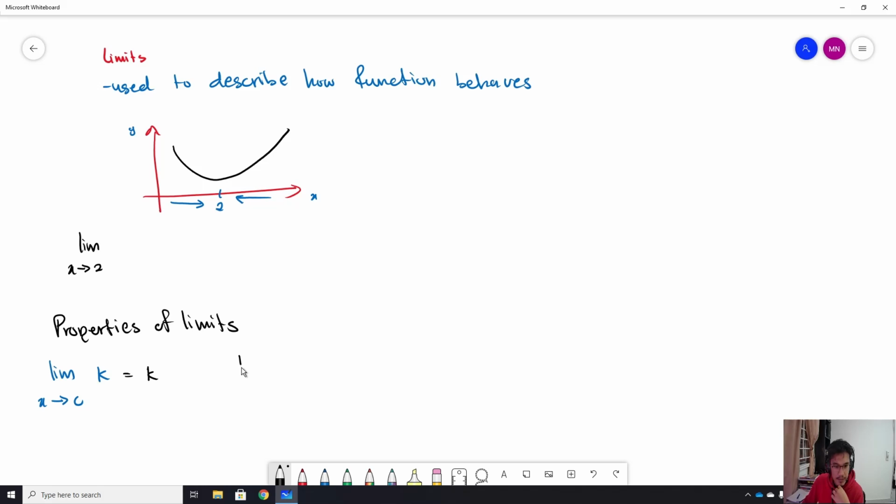If we have the limit as x approaches c and the function is x, then we substitute the value of c into the equation, so it is equal to c. If we have the limit as x approaches c of x to the power of n, it becomes c to the power of n. And if we have the limit as x approaches c of the nth root of x, it just equals the nth root of c.